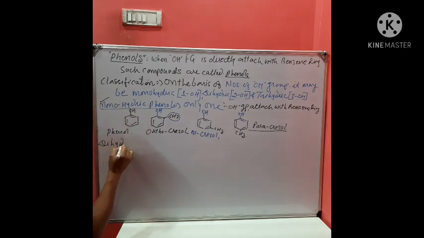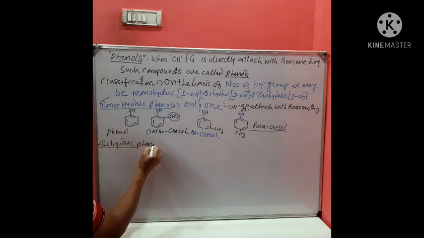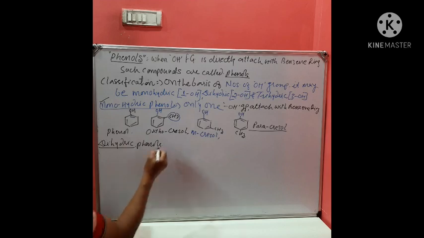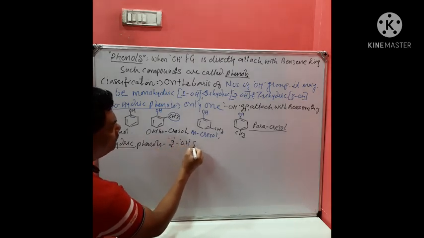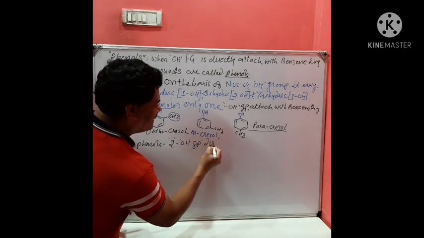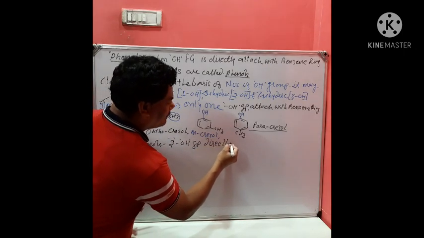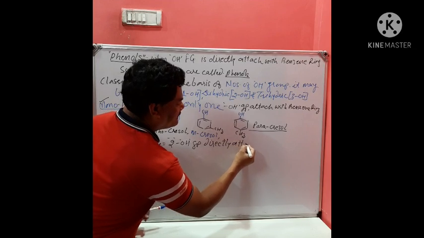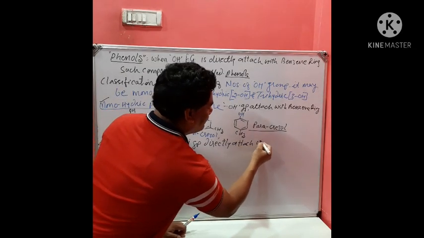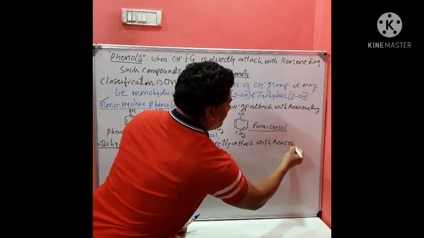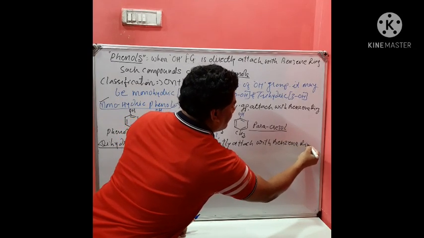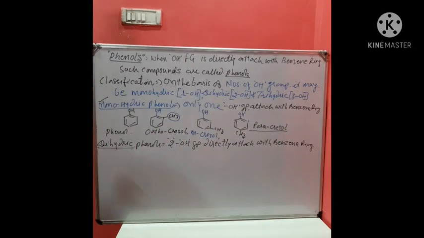Now, dihydric phenols. Dihydric phenols means what? Two OH group directly attach with benzene ring. Okay. Now there will be what?